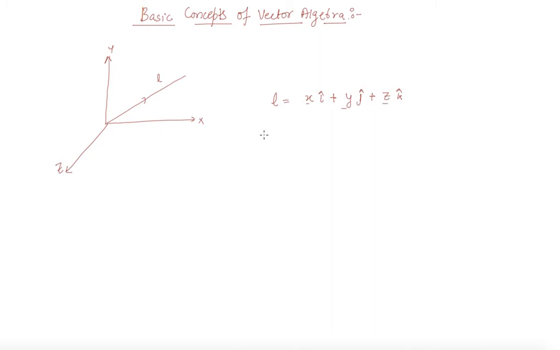Okay, so to define the magnitude of the L vector, so this is the L vector. To define the magnitude of this position vector, this will be x square plus y square plus z square. So this is the position vector L.